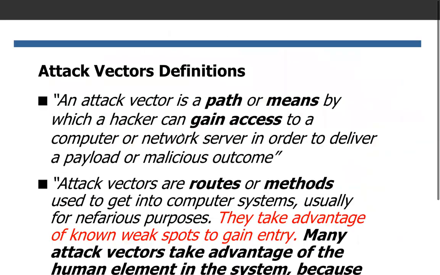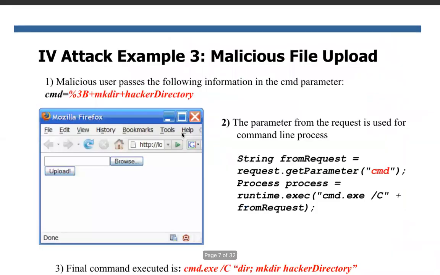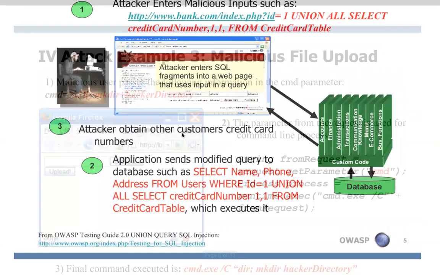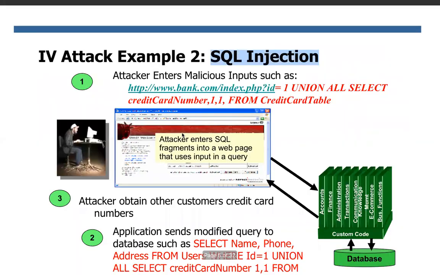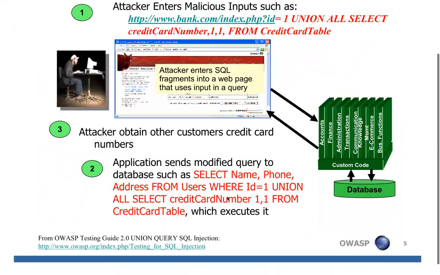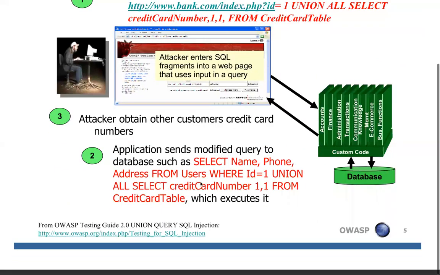Okay. Now, we talked about malicious, hope you were here on the SQL injection, right? Basically, the SQL injection is whereby the hacker has already injected a piece of code in the database. So the hacker sent this query.